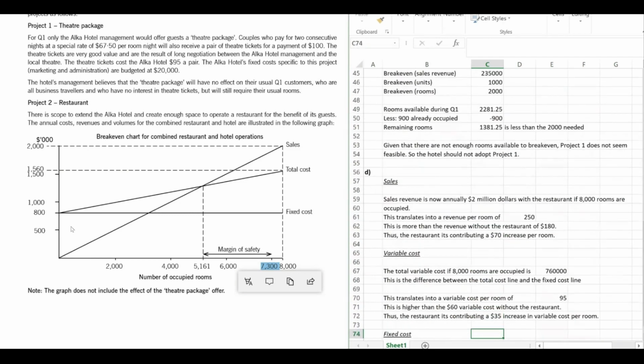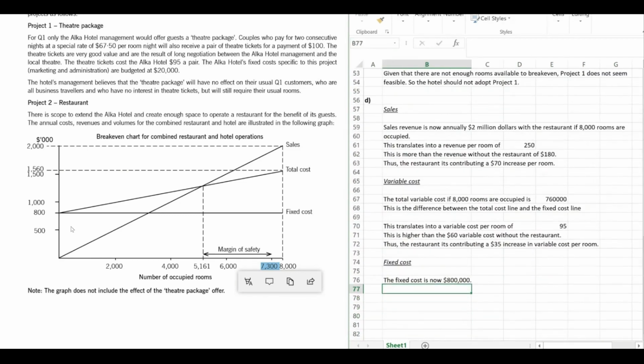This is a 200,000 increase from the previous level of 600,000. Thus the restaurant has increased the fixed costs by 200,000.